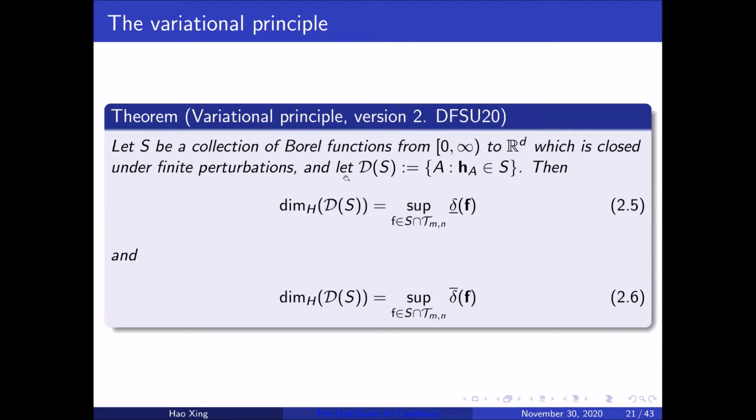D of S, for S being a collection of Borel functions, is the set of matrices where the successive minimum function is in this collection.